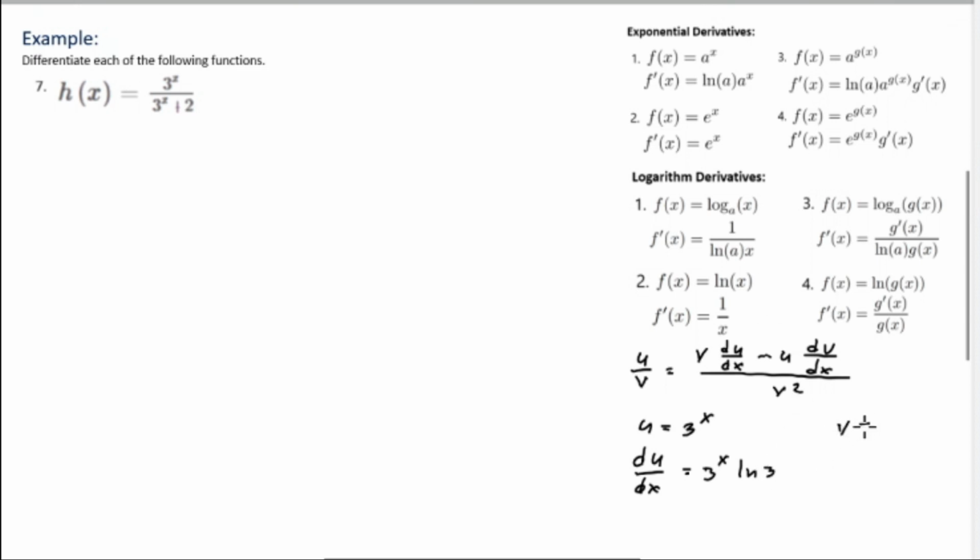And next, v. The denominator is 3 to the x plus 2, and the derivative dv over dx: the derivative of 3 to the x is also ln of a times a to the x, or 3 to the x times ln of 3, and the derivative of 2 is 0.